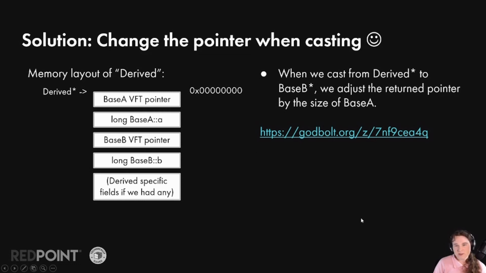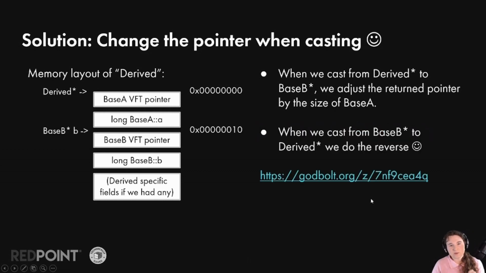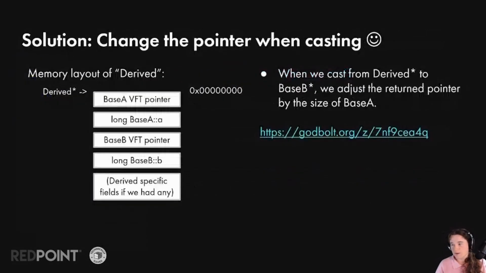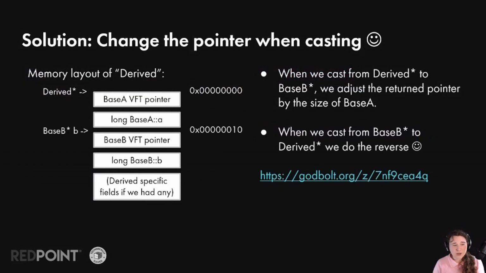And when we cast from a derived pointer to the base B pointer, we adjust the returned pointer by the size of base A, so that the code that is using B in our little example is actually not using the same memory address that derived sits at. In this case, it's 16 bytes, so 0x10, offset from where the derived pointer is.